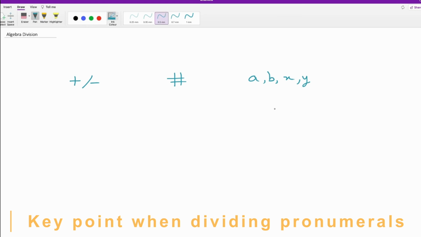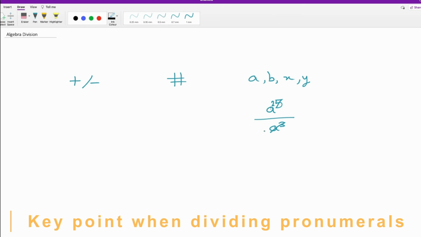So for example, if you have a to the power of 5 over a to the power of 3, the smaller power is here. You are subtracting the 3 away from this 5. So ultimately, you would get 2 over there.